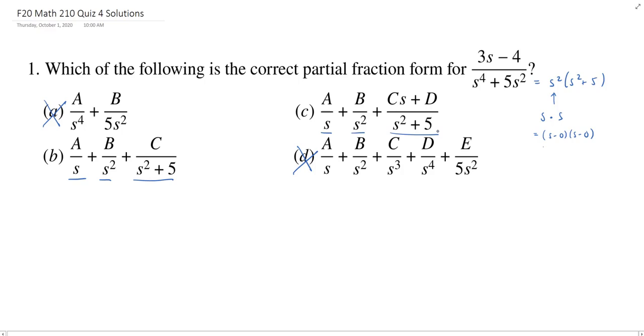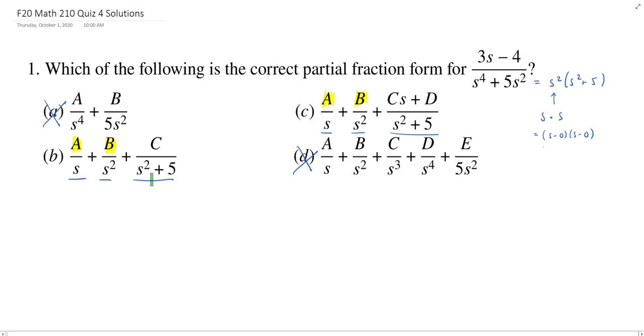Actually, what's the difference between B and C? Well, on top, we have A over s, and there's A over the s. Then we have B over s squared, and B over s squared. So they're actually the same in the first two summands. The only difference is in the numerator on the s squared plus 5 term.